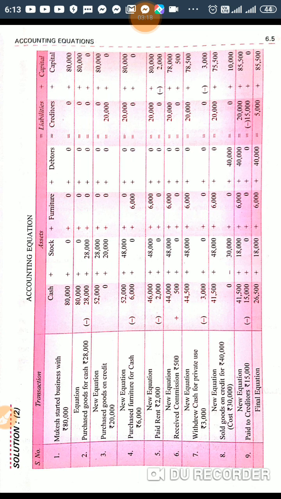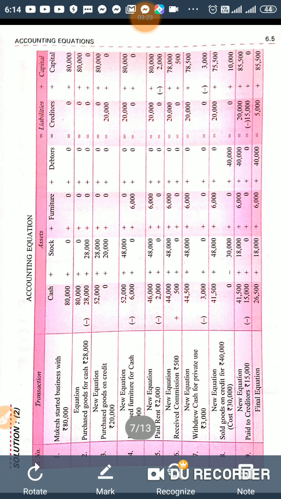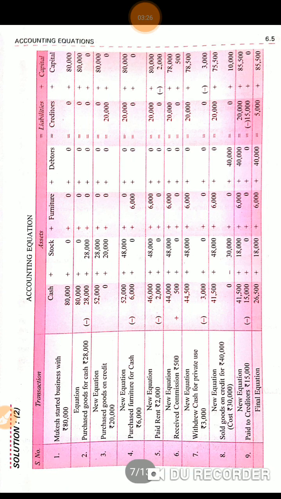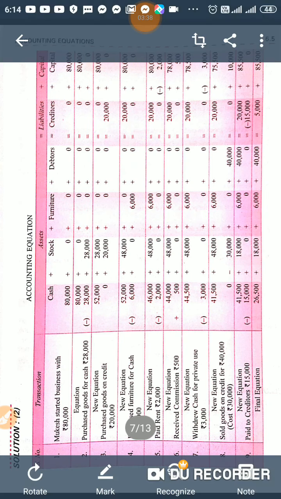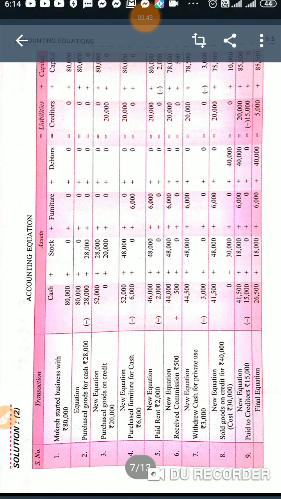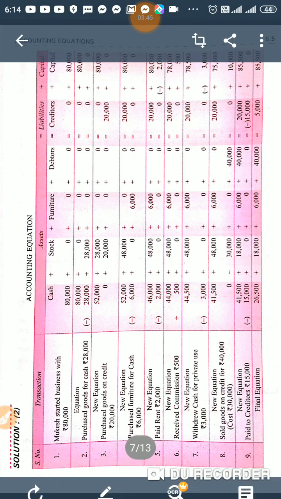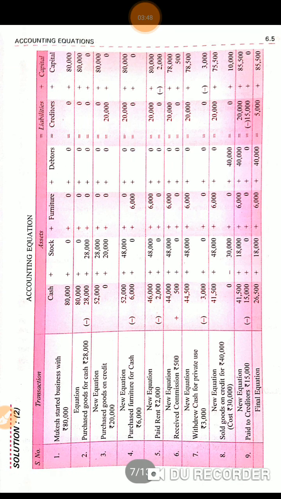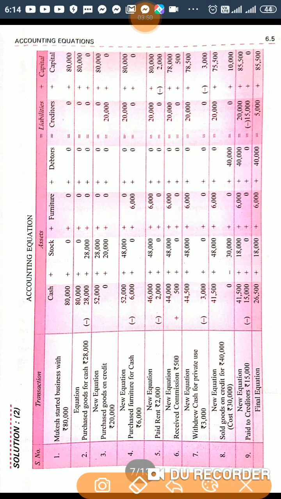After that, you will take all the transactions one by one. Like the first transaction, in the question you have read that Mukesh started business with cash. You analyze this transaction and you get to know it involves cash and capital.